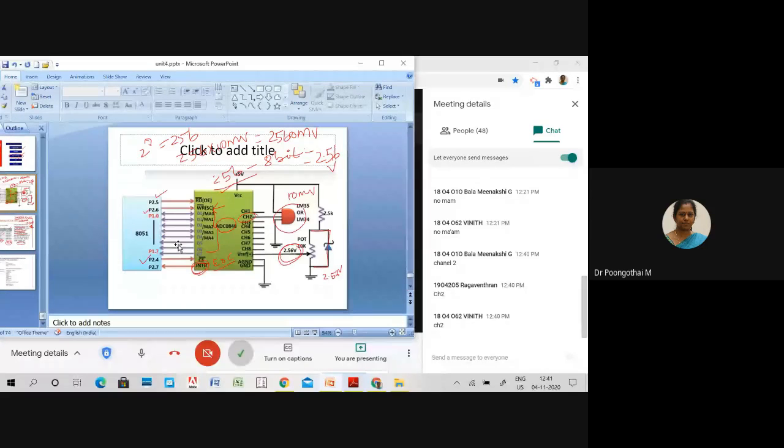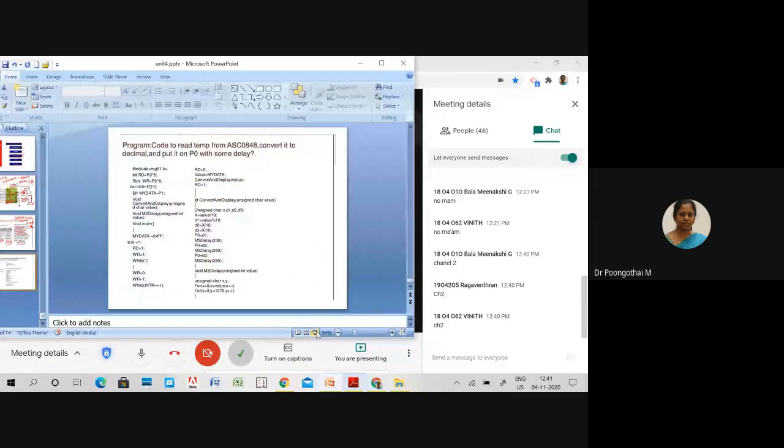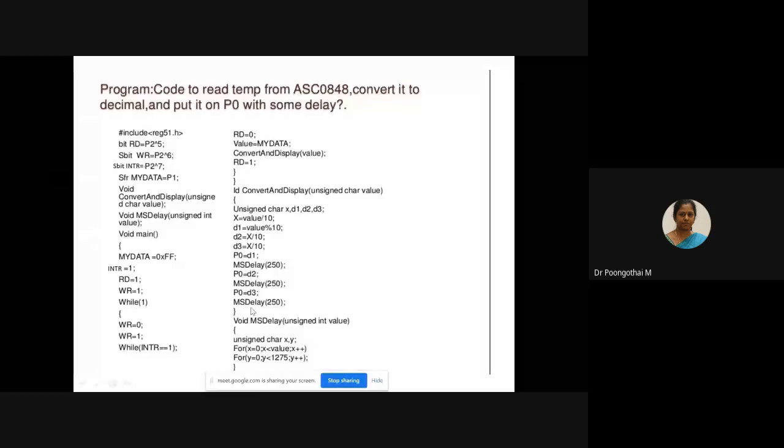Here I have given the embedded C code. It's very similar to your lab program. Please go through the initialization part. So P2.5 is your read, P2.6 is write, P2.7 is INTR, and the data bus is your P0.